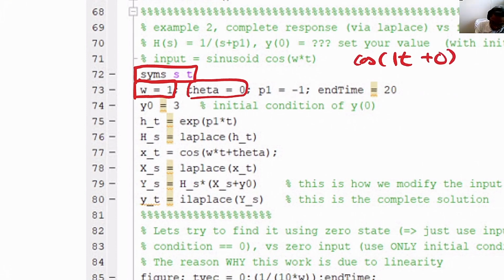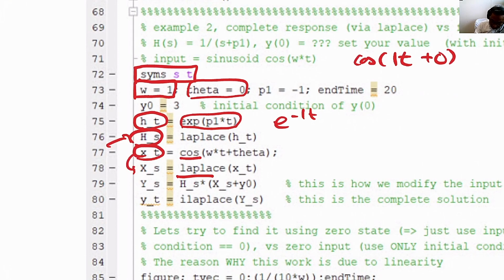We first take the Laplace transform of e minus 1t for the impulse response to get H(s). We define what is x(t) in time, and take the Laplace transform of x(t) to get X(s).